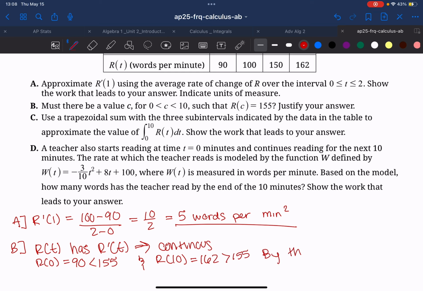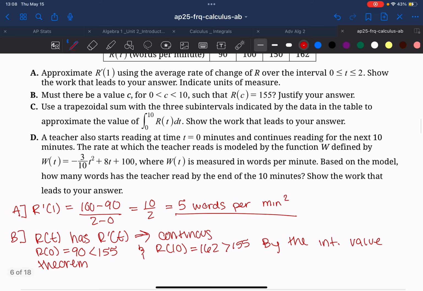So by the intermediate value theorem, there exists a c that belongs to (0, 10) such that r of c is equal to 155.